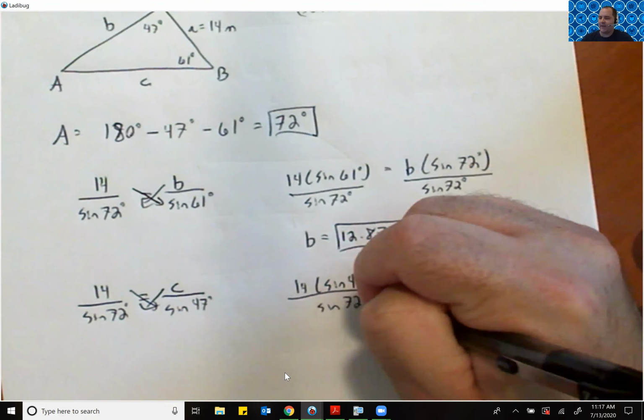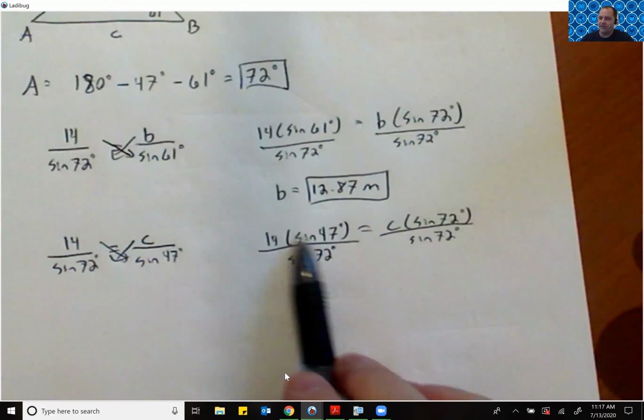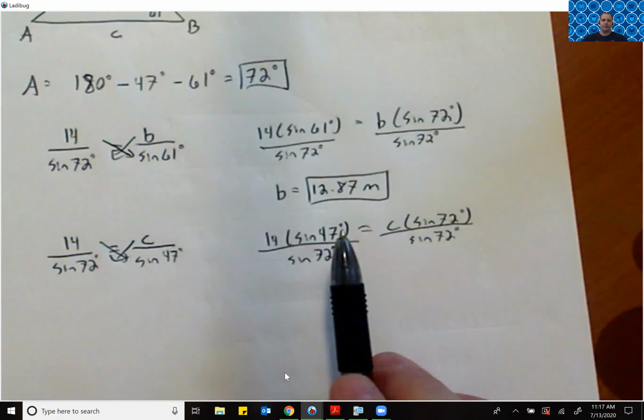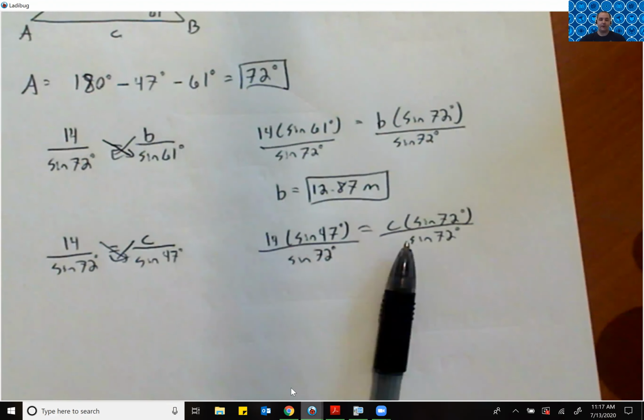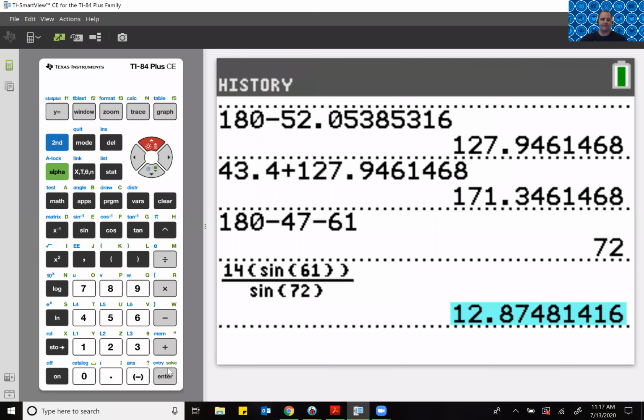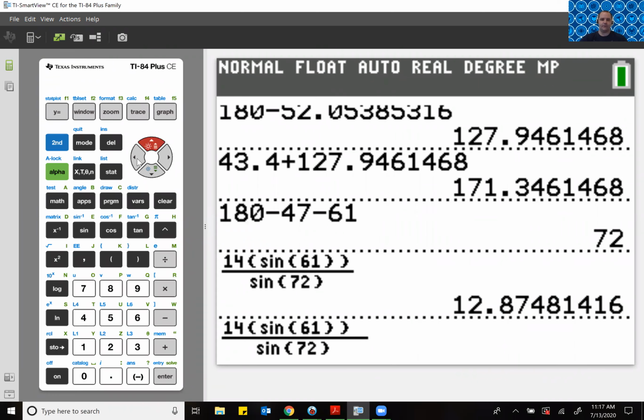And then you just divide by sine 72 again. So we're just going to go back in. I'm going to grab that same fraction and change the 61 out with a 47. And we're going to round to the nearest hundredth. All right. So I'm going to come up here, grab that fraction, come right in here, scroll over and change that out with 47.